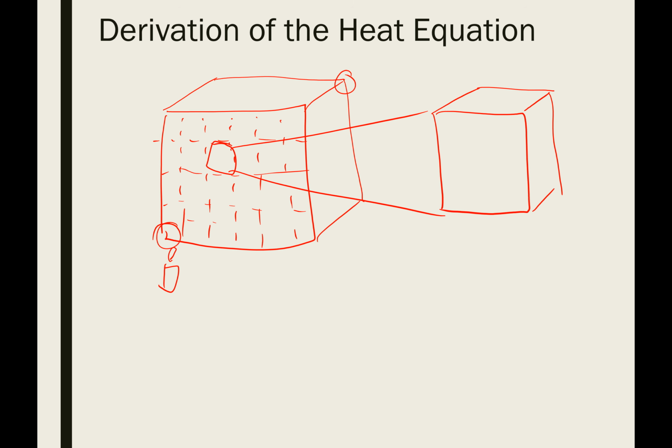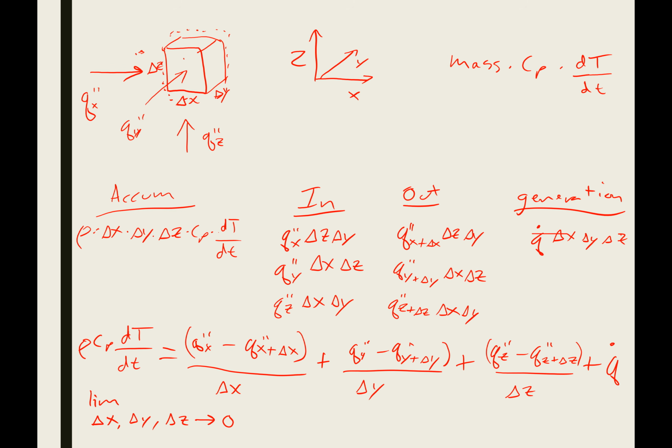So we did this energy balance on the cube. We had our accumulation, and then we had in and out in the X, Y, and Z directions. We also made this general and added generation in there, which may not always be the case. We ended up shrinking our cube down to 0 by taking the limit as every side of our cube goes to 0.